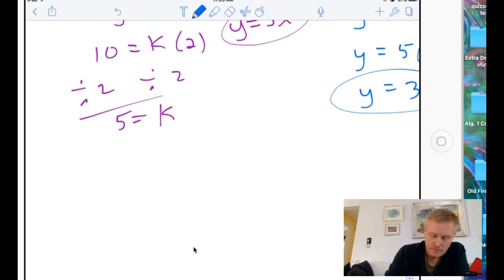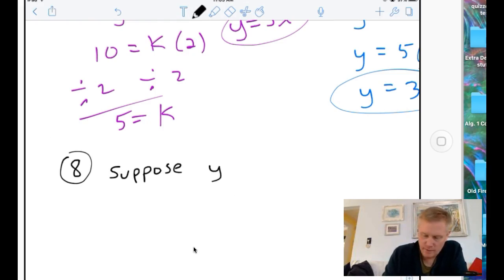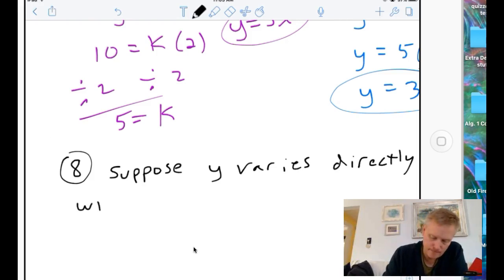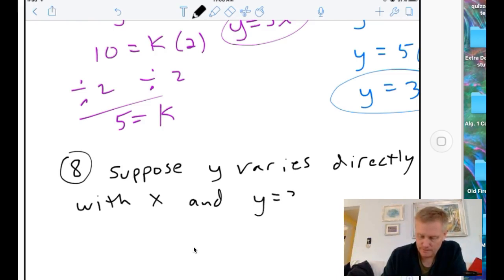Number 8. Suppose y varies directly with x, and y is 36 when x is 12.